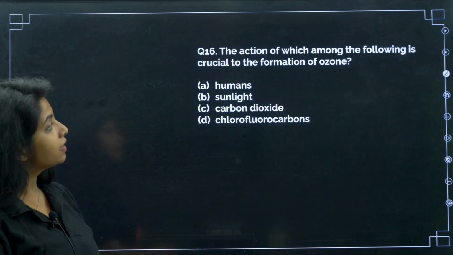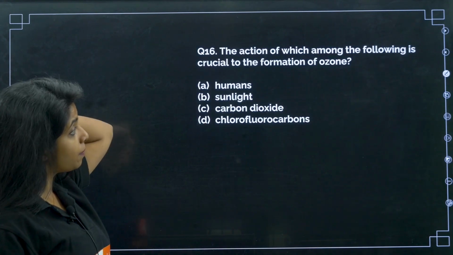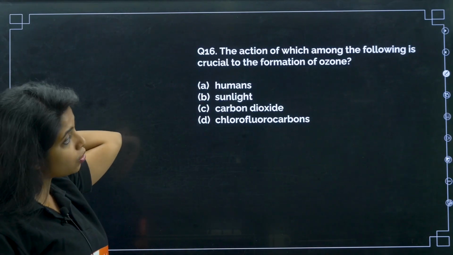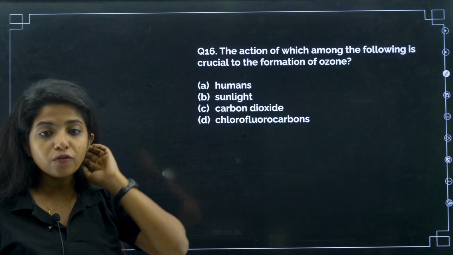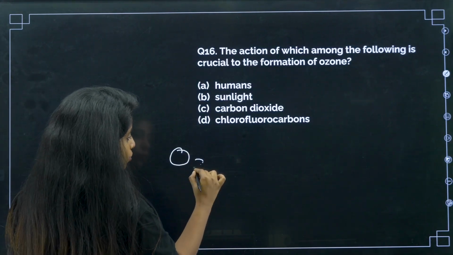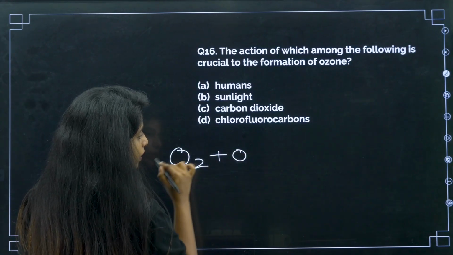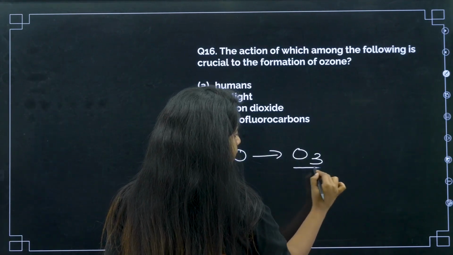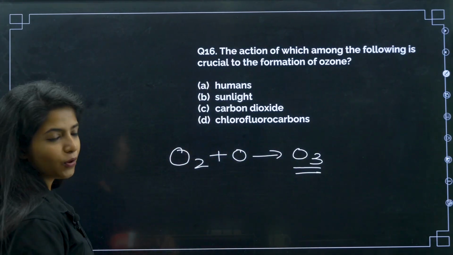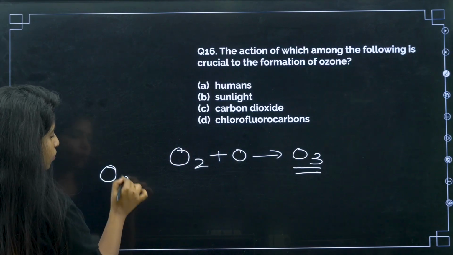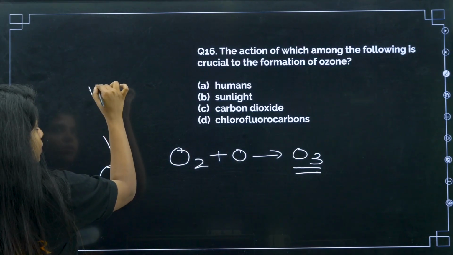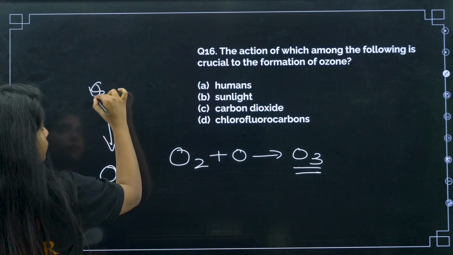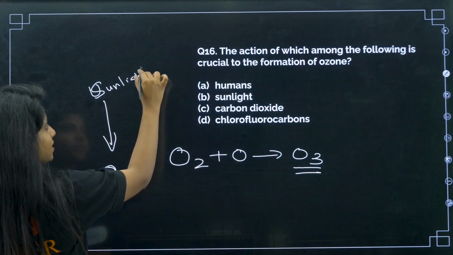Next, the action of which among the following is crucial to the formation of ozone? How is ozone formed? Ozone is formed when O2 is there and it binds with O. That's how you get ozone, that is O3. How do you get this O? Some other O2 is targeted by the sun's light.